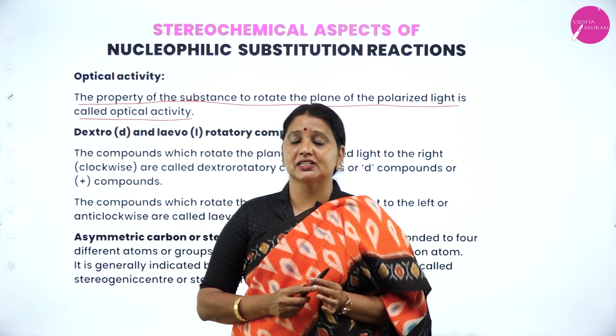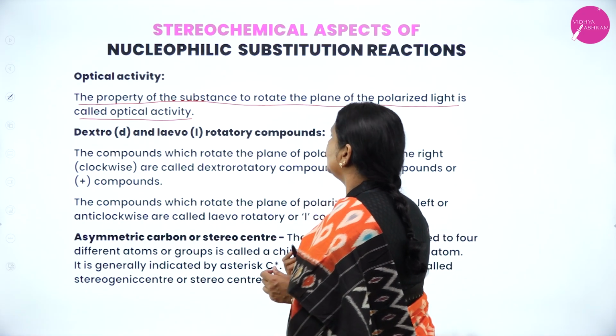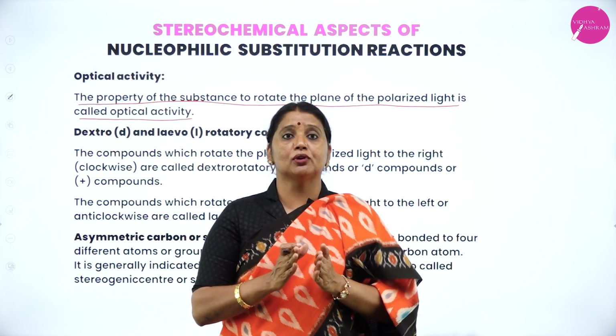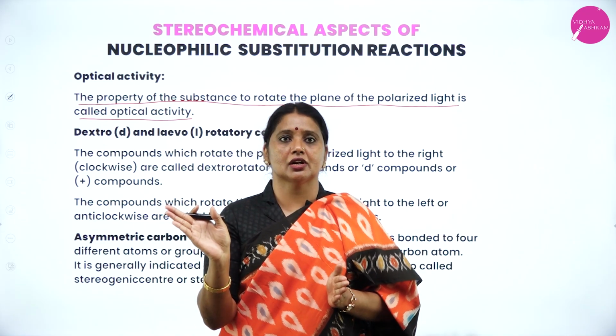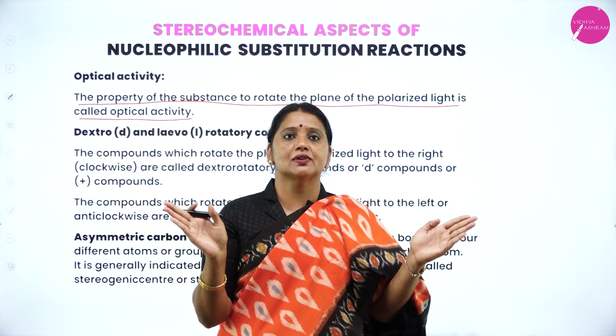That property of the substance which rotates the plane polarized light is called as what? Optical activity. For example, I will consider the plane polarized light traveling in a straight line. It either rotates to the right side or in clockwise direction, or it rotates to the left side or in anti-clockwise direction.